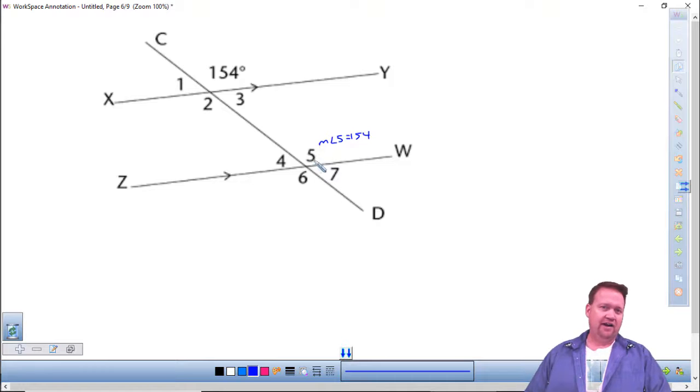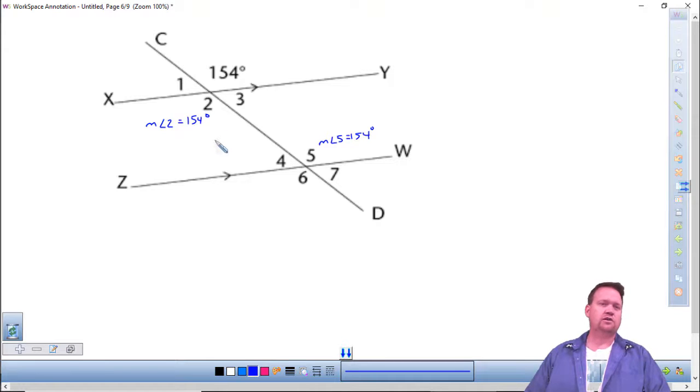Angle 5 is alternate interior to angle 2, because they're on the inside of the drawing and on opposite sides of the transversal. That makes the measure of angle 2 also 154 degrees.